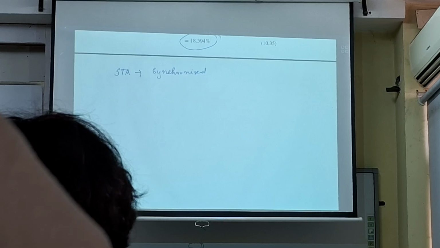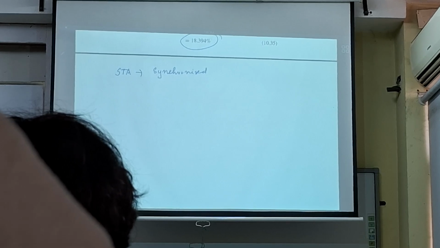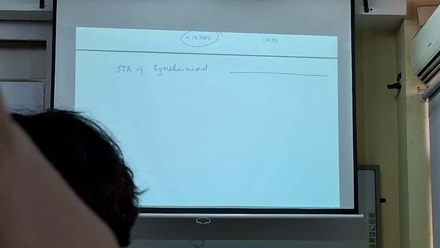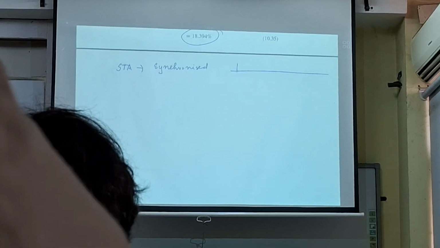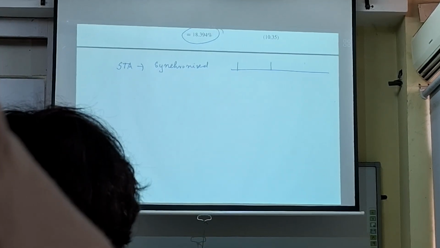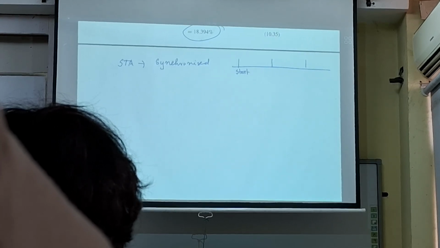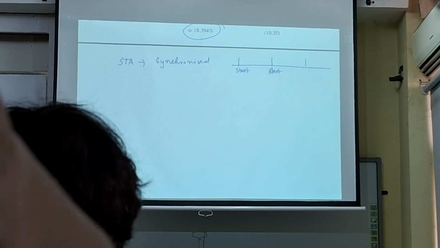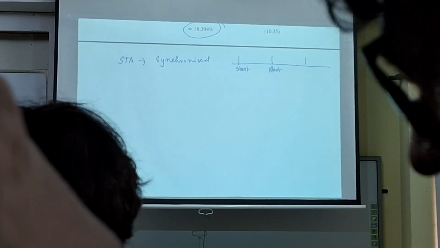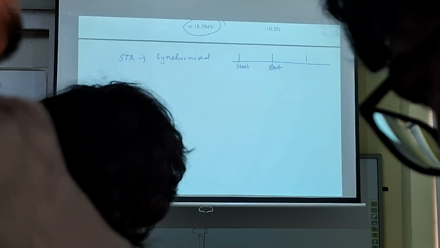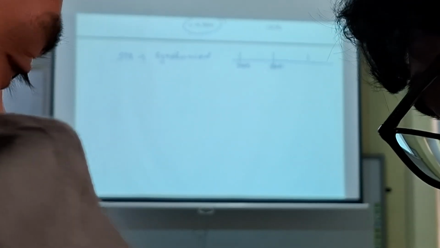So, the stations are synchronized and they have the same time, and the transmission boundaries are defined. You can start a transmission only at that boundary. If a frame arrives on or before this time, only then the transmission can start.